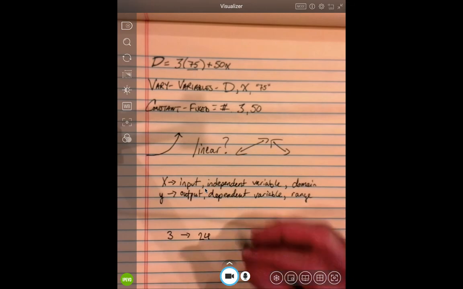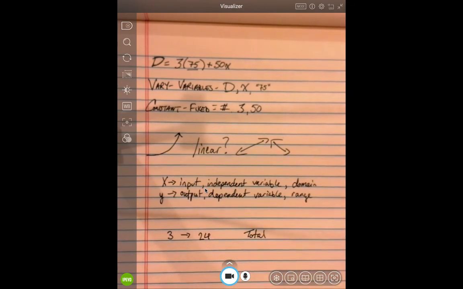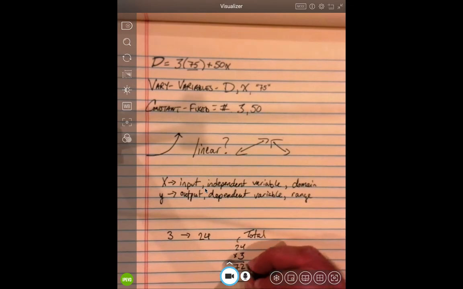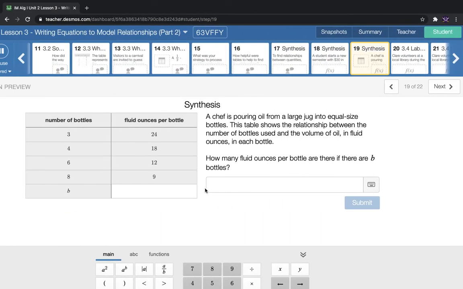How many fluid ounces do I have in total? Well, I can tell you how many. We would take these two things and multiply them together, 24 times 3, and in doing so, we find out that there's 72 fluid ounces in this whole thing.